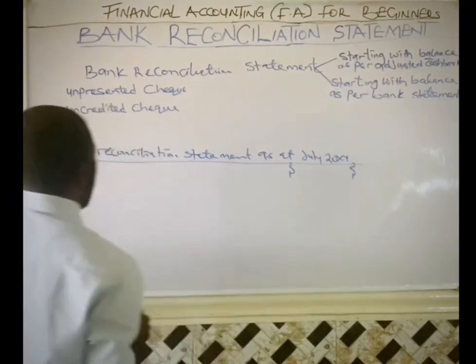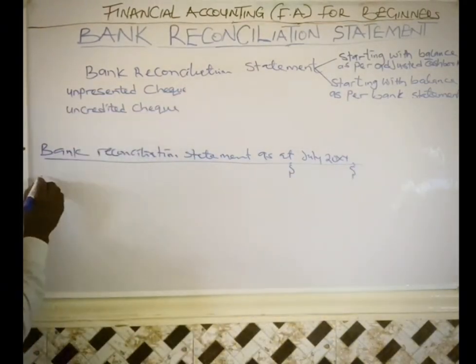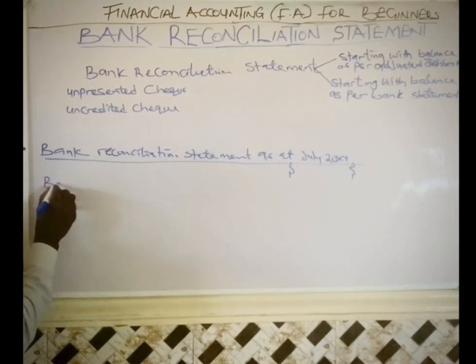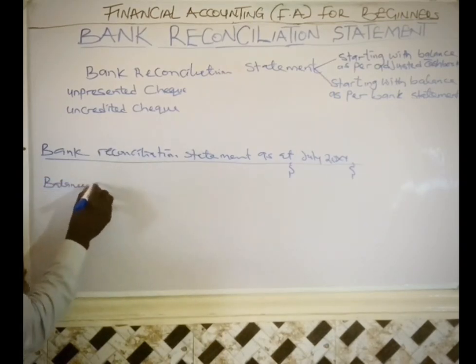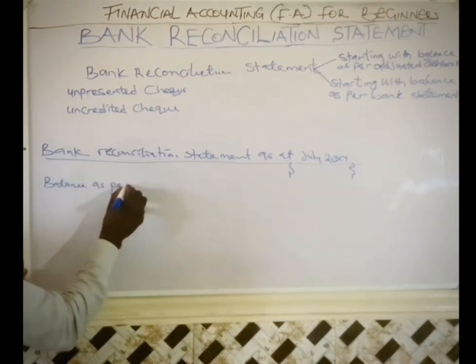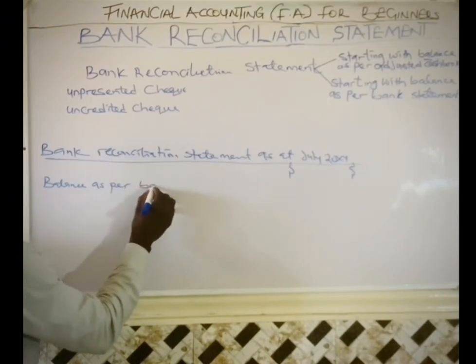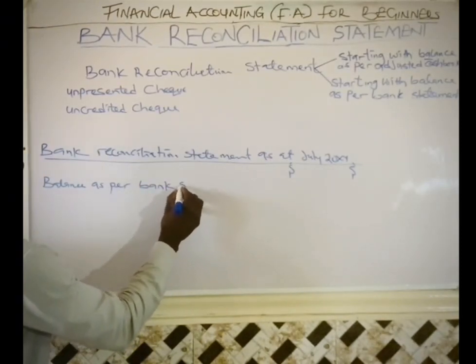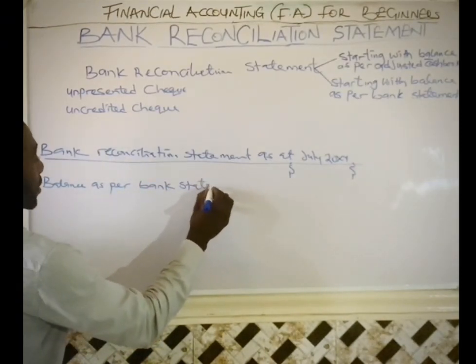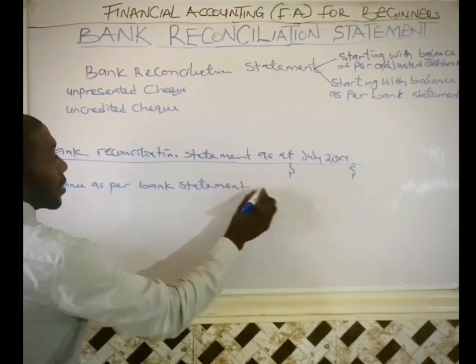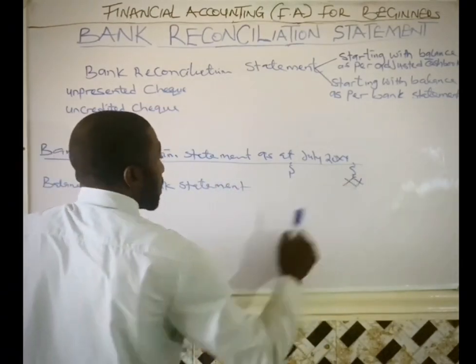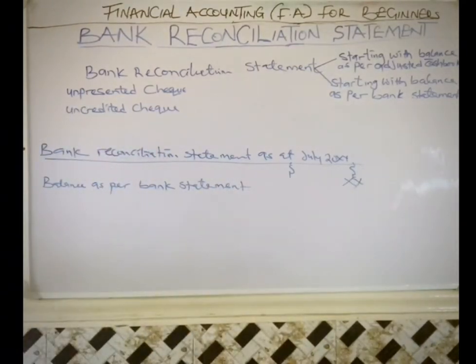So you say balance as per bank statement. Now, it's the opposite of balance as per adjusted cash book.